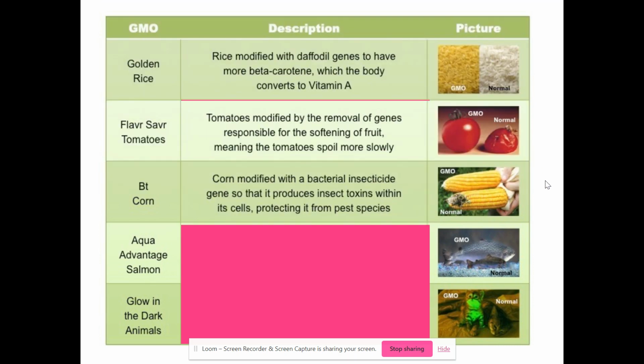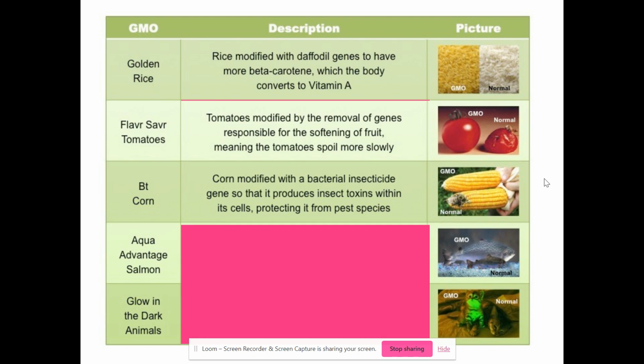BT corn. So the BT corn is modified with a bacterial insecticide gene. So instead of having to hose down your corn crop to keep the bugs off of it, this corn is going to produce its own insecticide. Now, this is something that's kind of went back and forth over the years.